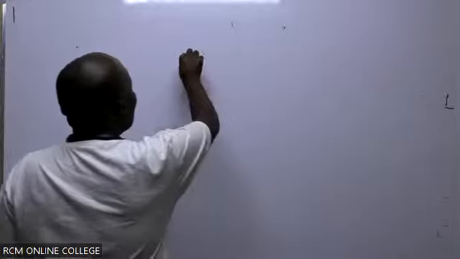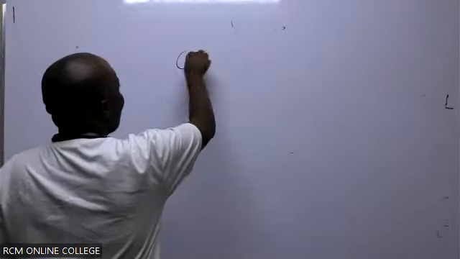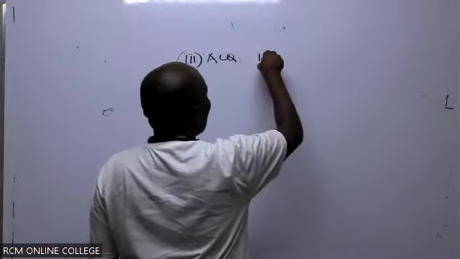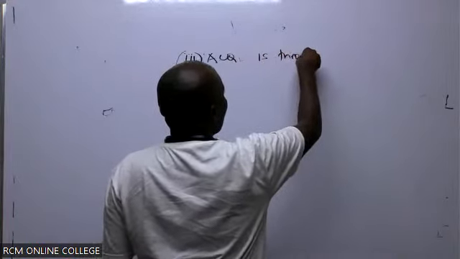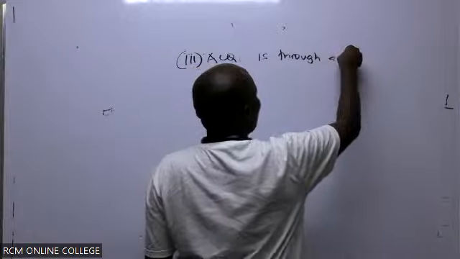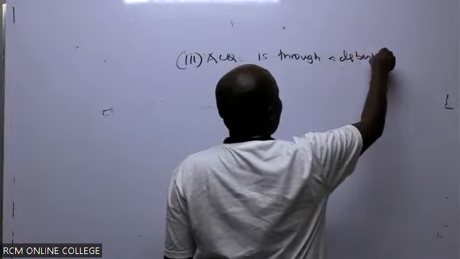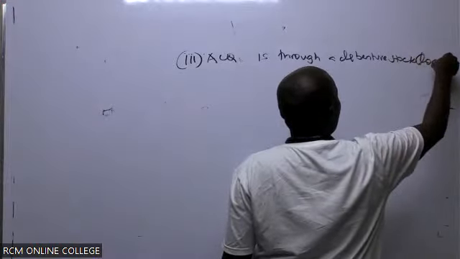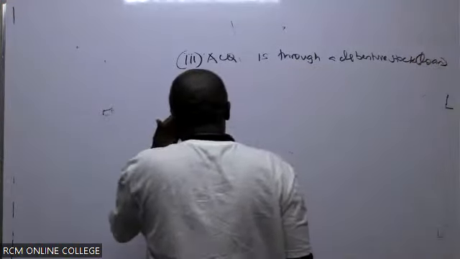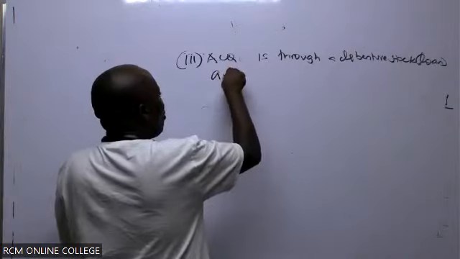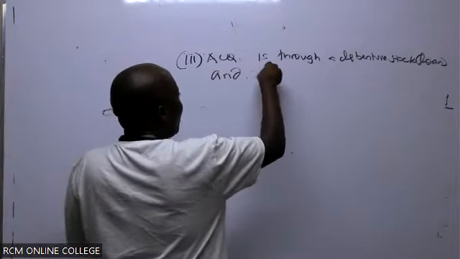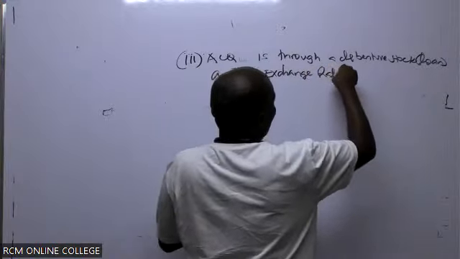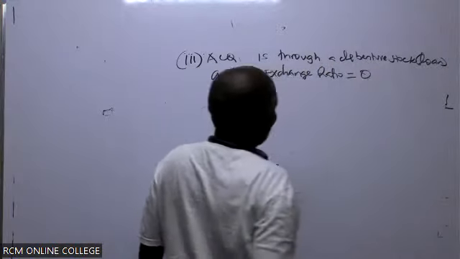So for Roman 3, the acquisition is through a debenture stock, a loan being issued to the target company, and therefore you cram it that way: exchange ratio will be equal to zero.